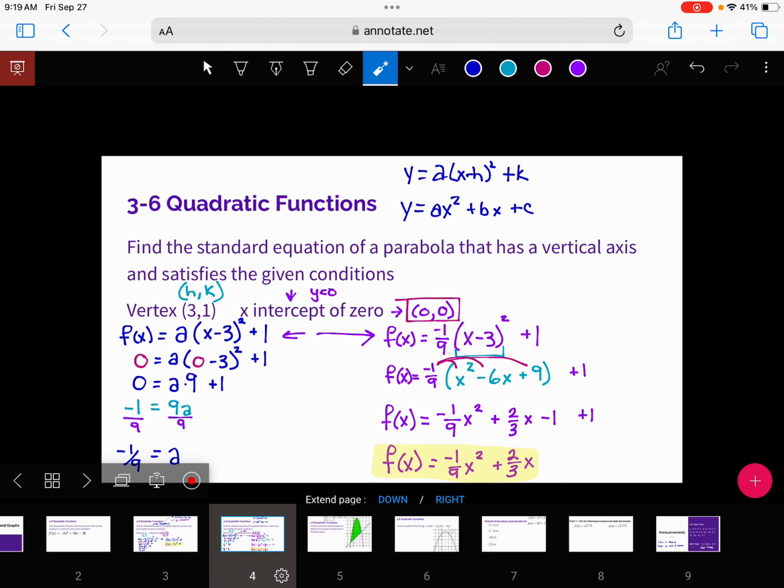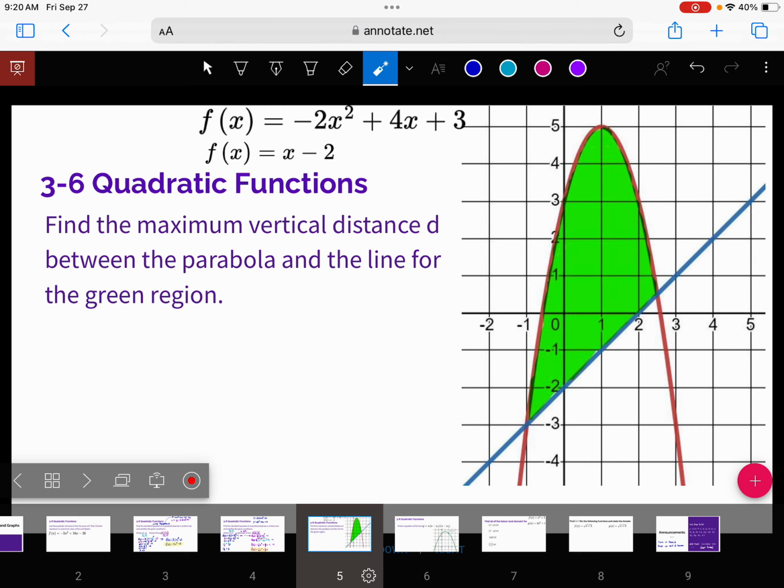We are asked to find the maximum distance between these two shapes, and I gave you the equations at the very top. I'm giving you the picture, so if you want to, you can draw on it. I believe question 36 on homework 1 is very much like this.